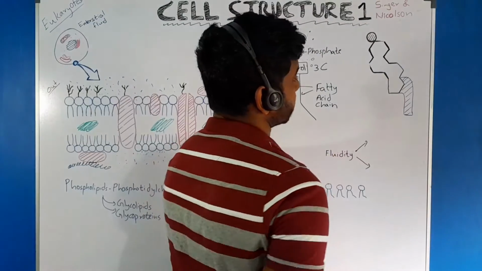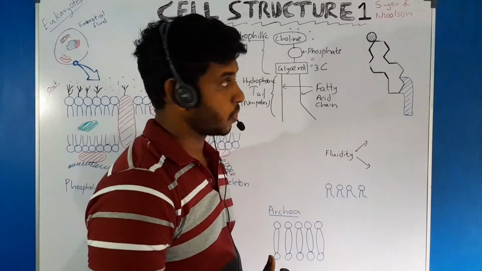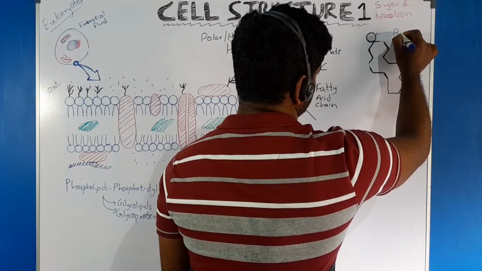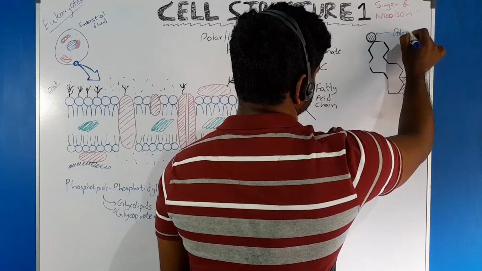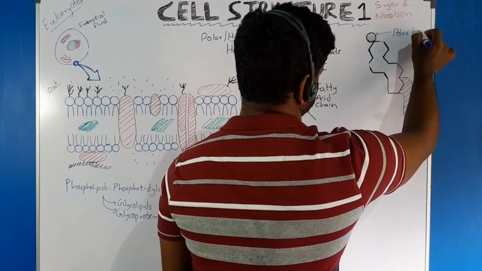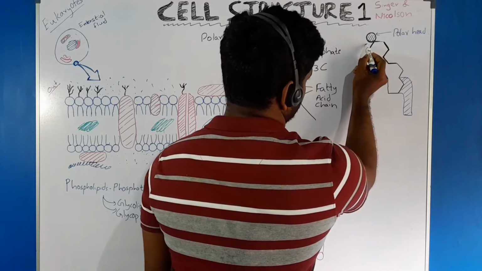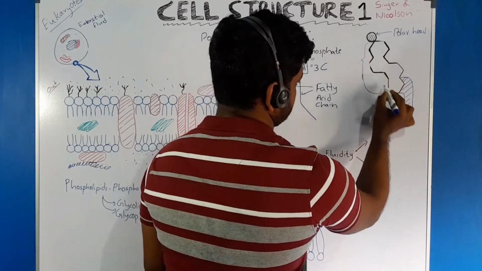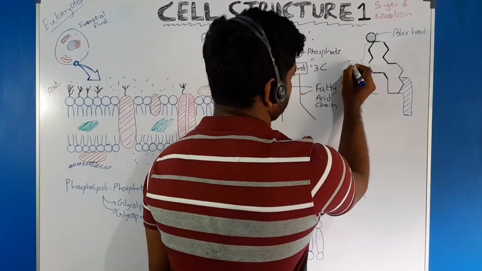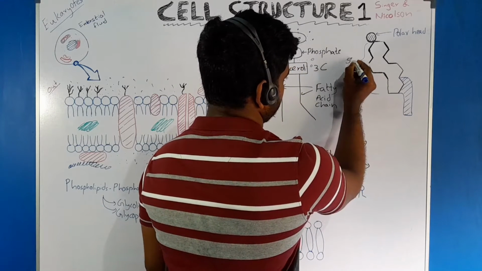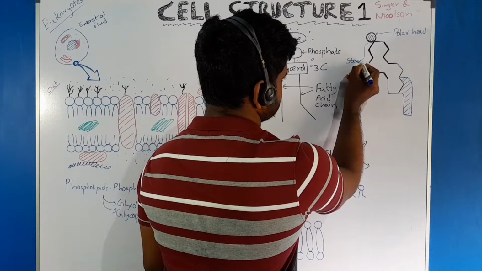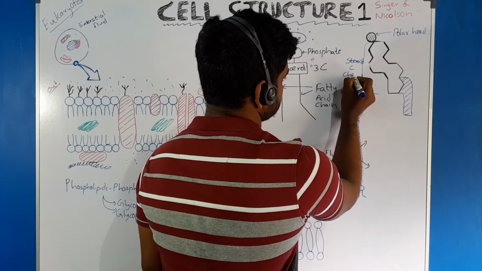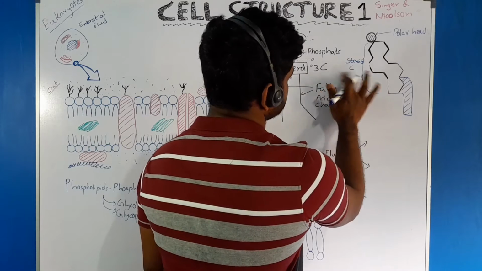Then we come to the structure of the cholesterol molecule. In the cholesterol molecule, you have this polar head. And this black colored area is made out of steroid carbon chains or carbon cycles.